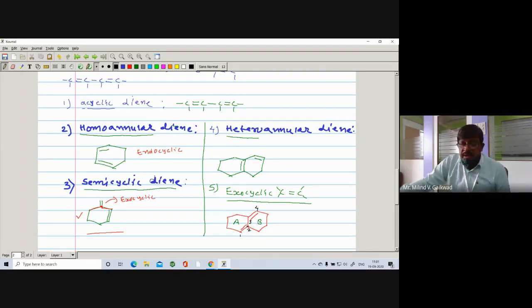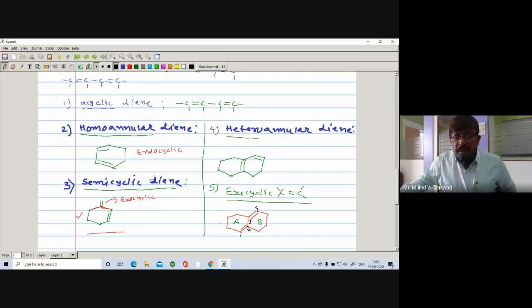So this is called exo to ring B. Similarly, double bond 3, 4 is also pointing out from ring A. So there are two exocyclic carbon double bonds, right? Here you have seen the exocyclic carbon double bond.